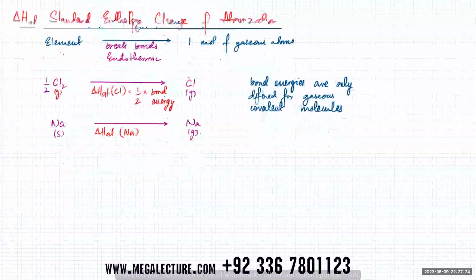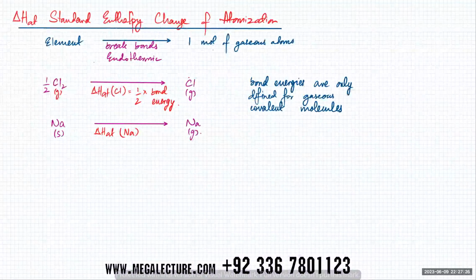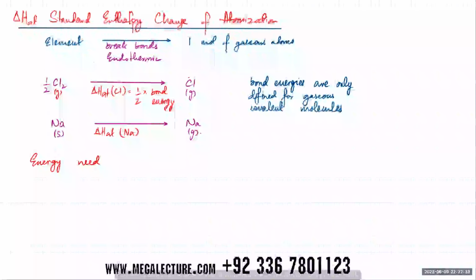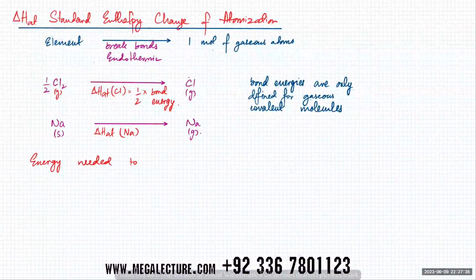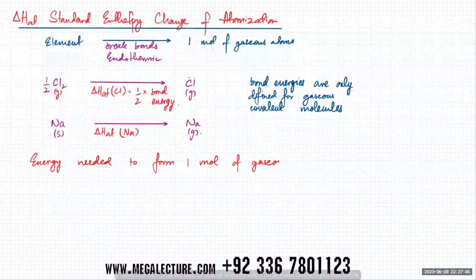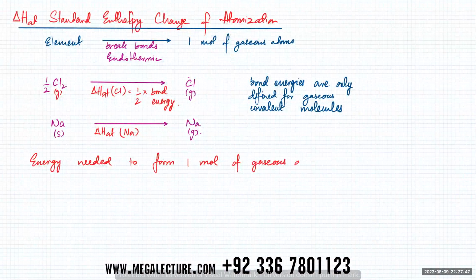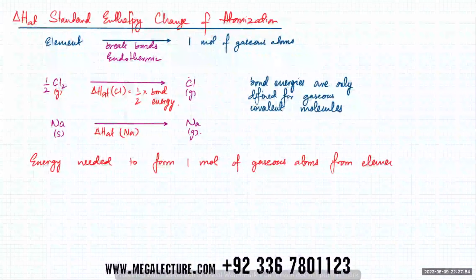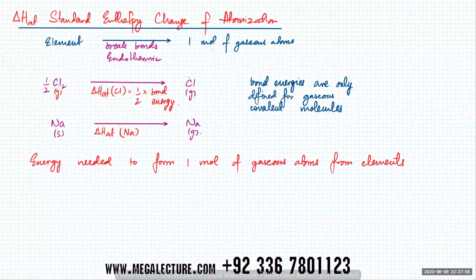The definition is that it's the energy that is always needed to do what, to form 1 mole of gaseous atoms, from what? From elements in their standard state.